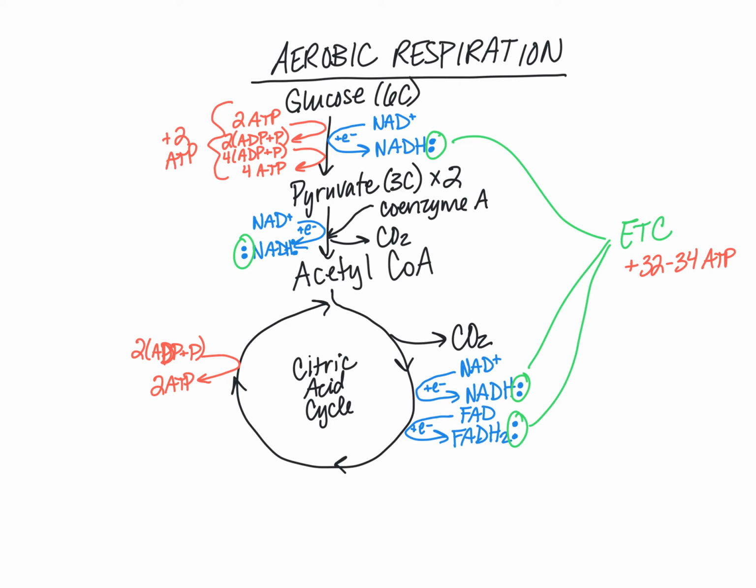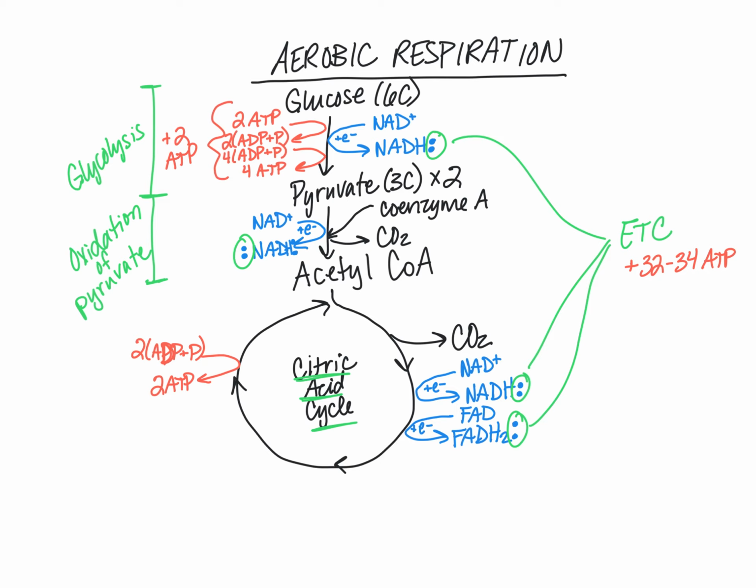So once again, the conversion of glucose to pyruvate is known as glycolysis. The conversion of pyruvate to acetyl-CoA is known as the oxidation of pyruvate. The citric acid cycle is what's happening here.